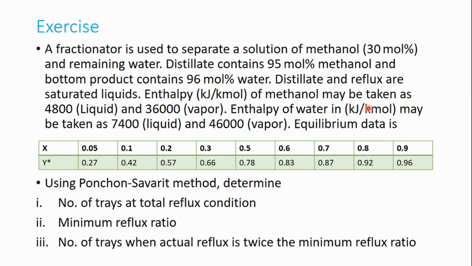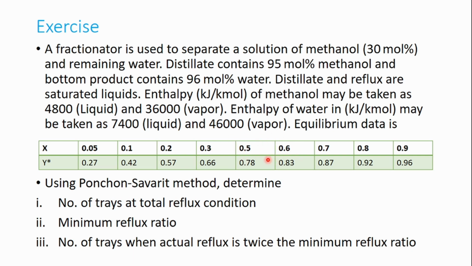The enthalpy of methanol is given in kilojoule per kilomole. It may be taken as 4800 for the liquid and 36,000 for vapor. For water, the enthalpy for liquid is 7400 and for vapor it is 46,000.